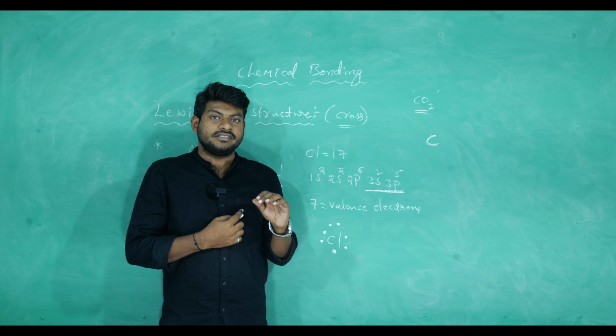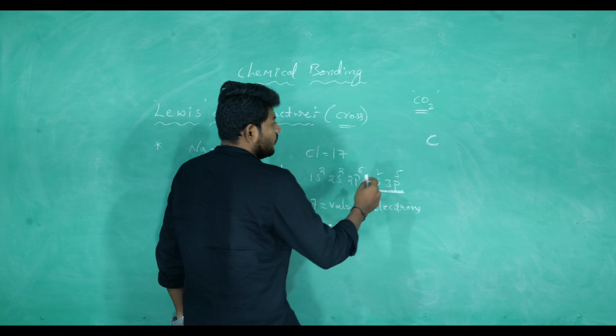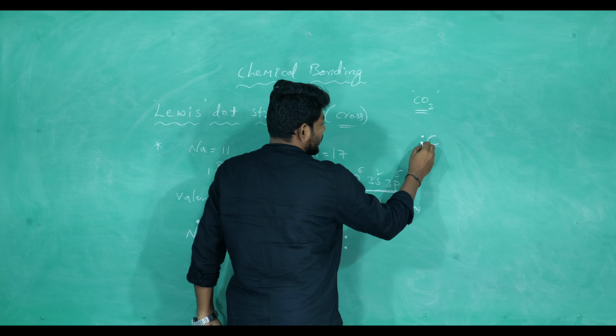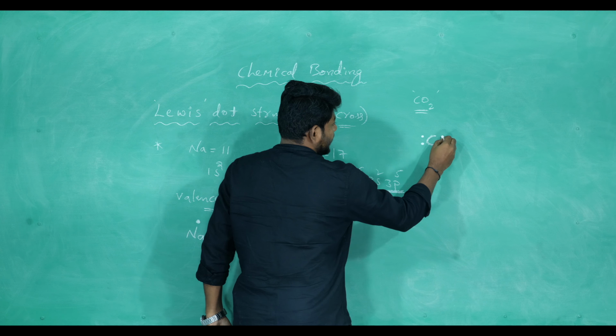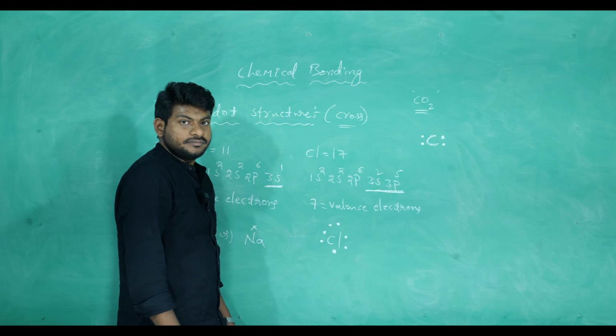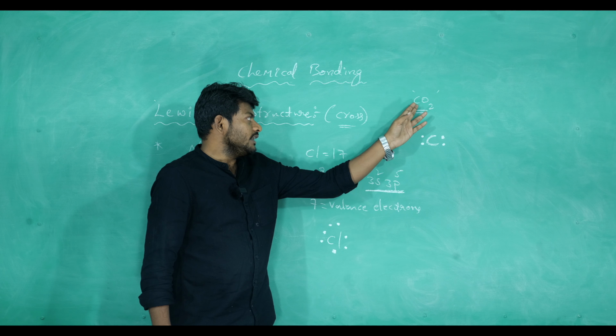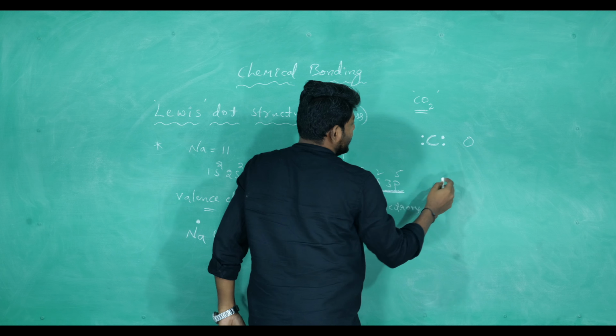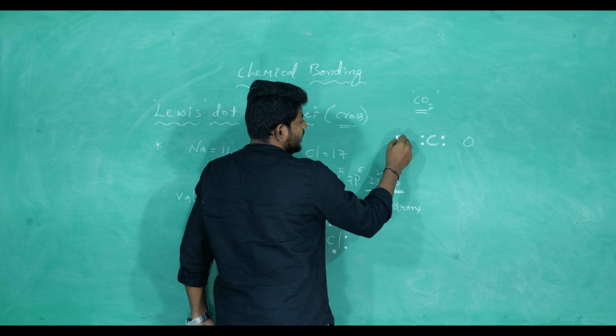So we have to present 4 dots on carbon: 1, 2, 3, 4. Two oxygens surround the central atom, one written here and another here.